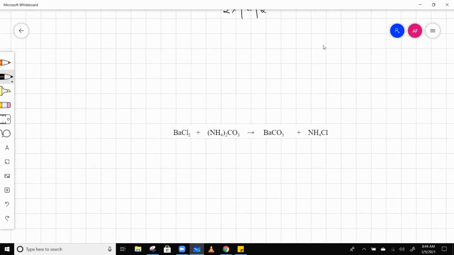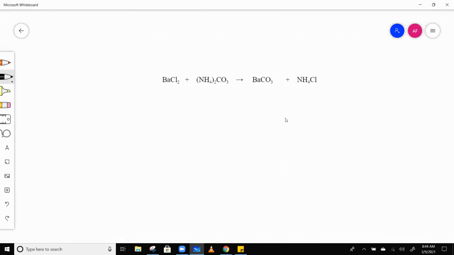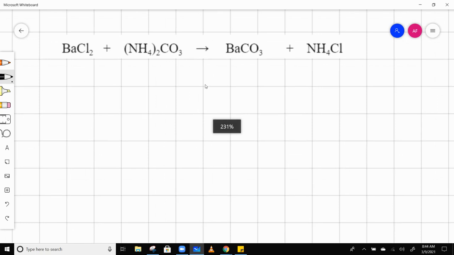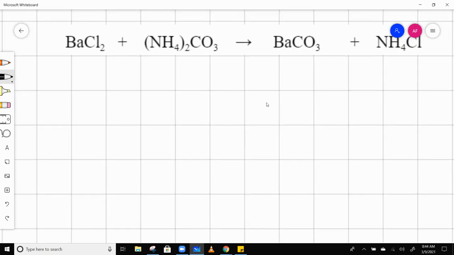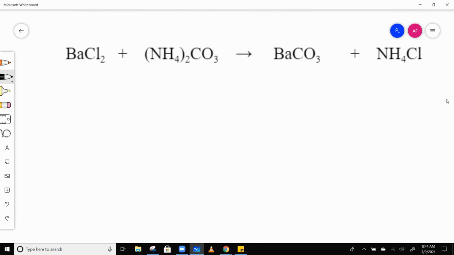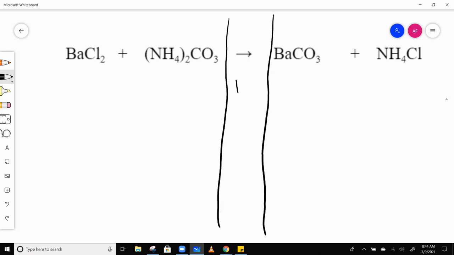Okay, so let's look at another one like this. There are actually 2 polyatomic ions in this one. So let me point them out, and then I'll give you a minute to try and balance it. So here we have Ba, we have Cl, and then this is NH4 is 1 and CO3 is 1.